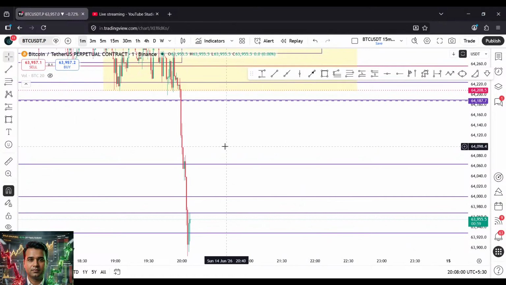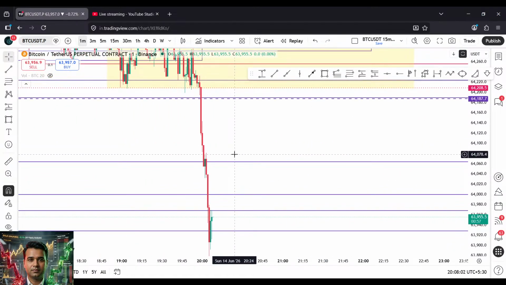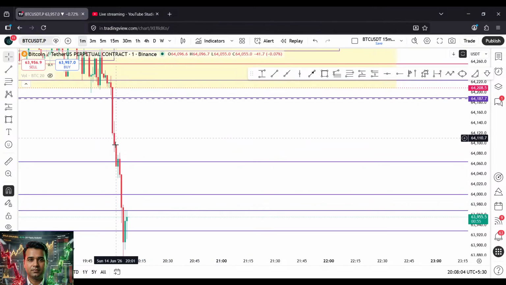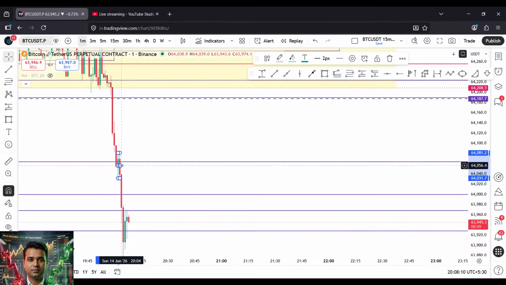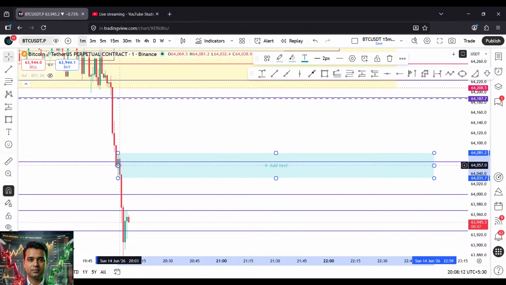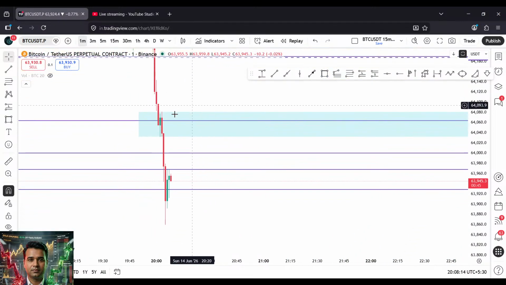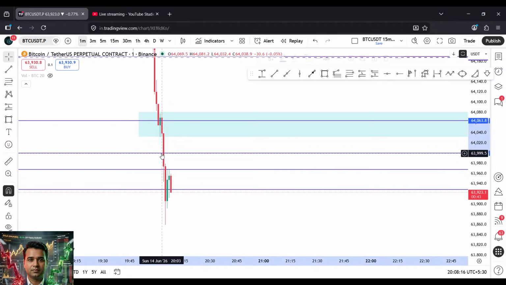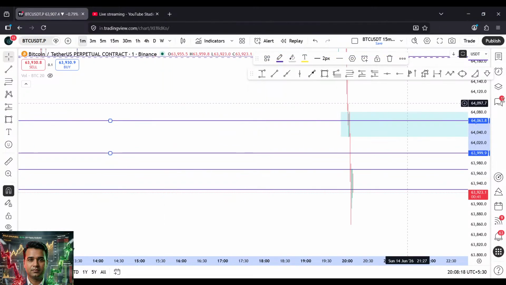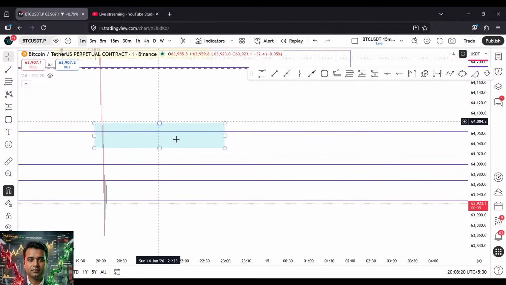And when price came here, just make the DP here. Came down, but did not go back to take the DP here. So this is also a clean place.